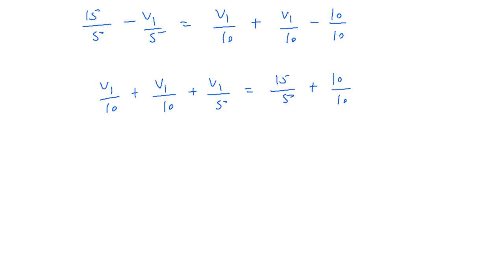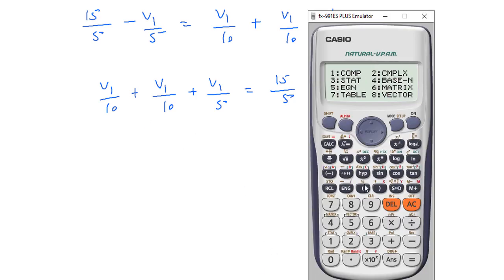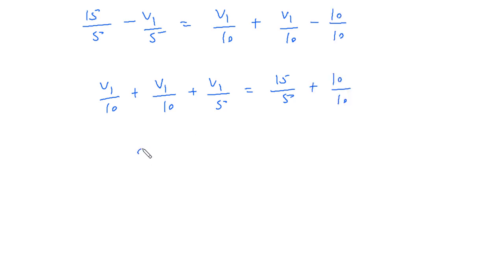Now this will be 1 by 10 plus 1 by 10 plus 1 by 5, that is 0.4 V1 is equal to, this will be 3 plus 1. 0.4 V1 is equal to 4.